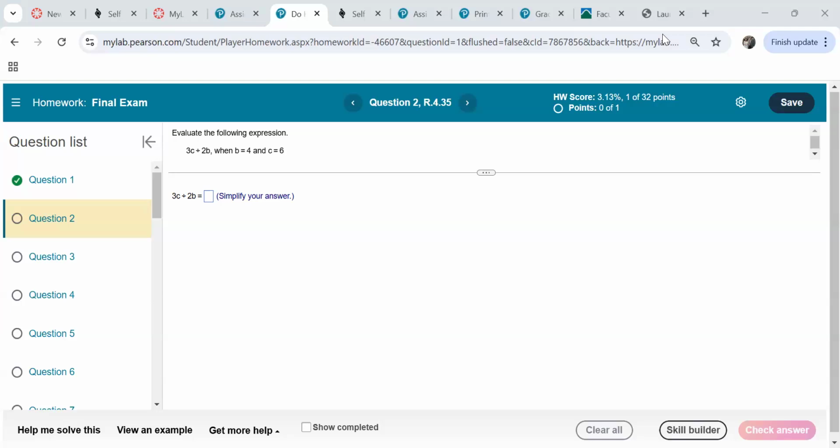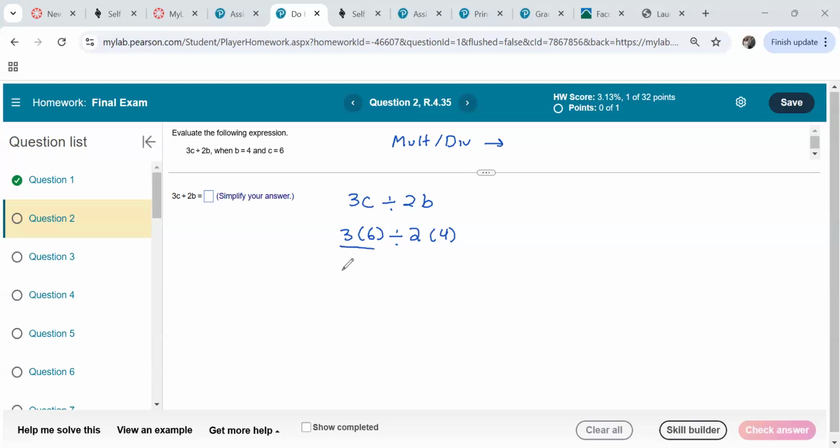Here we want to evaluate the following expression. So we have 3c divided by 2b, and we know that b is 4 and c is 6. So this is 3 times 6, and then we're dividing by 2 times 4. Remember, order of operations, we do multiplication and division, whichever comes first, going left to right.